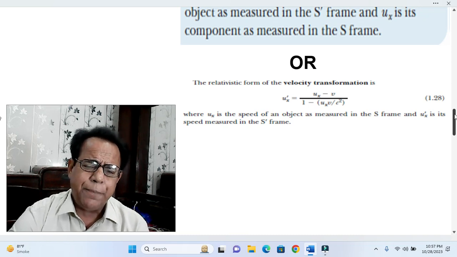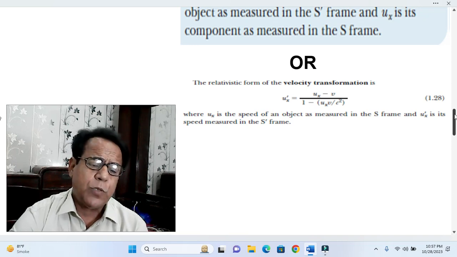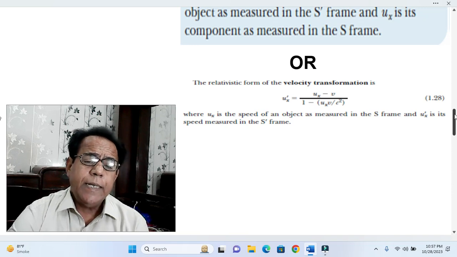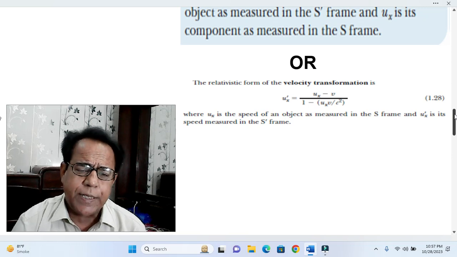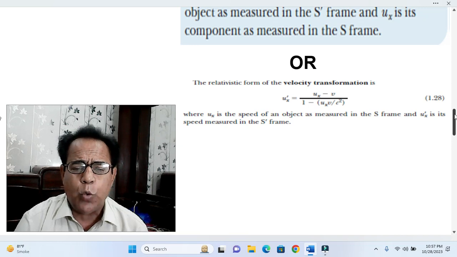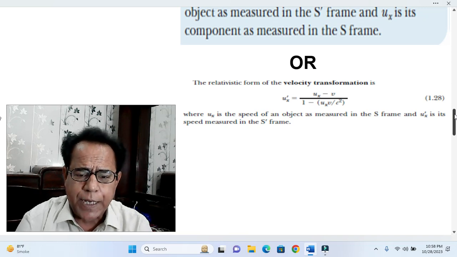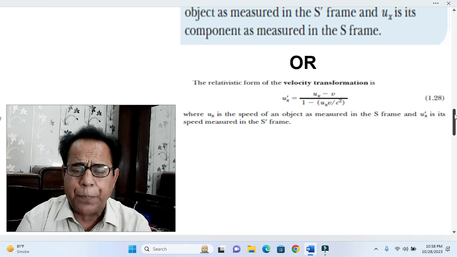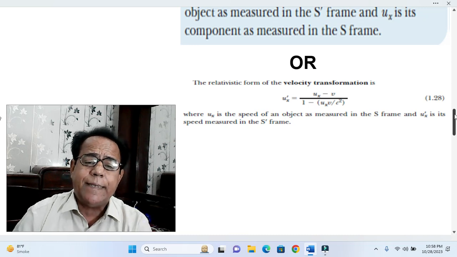The second snapshot is an alternate version of the above philosophy in some different form, and this snapshot has been chosen from some other book. This snapshot says the relativistic form of the velocity transformation is u dash x is equal to ux minus v over 1 minus ux v over c square, where ux is the speed of an object as measured in the s frame, and u dash x is its speed measured in the s dash frame.